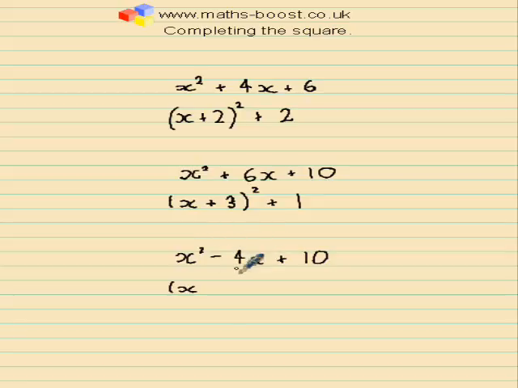So we've got minus 4 in front of the x term, so half of minus 4 is minus 2. And we'll finish off our bracket, and then we add a number at the end, and in this case we're going to have plus 6, and we're going to consider now why I chose plus 6.